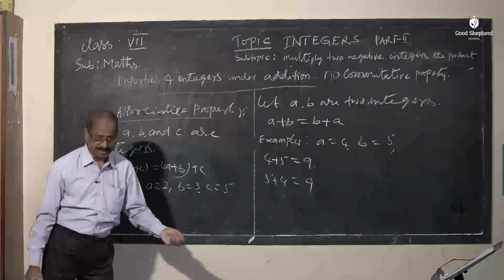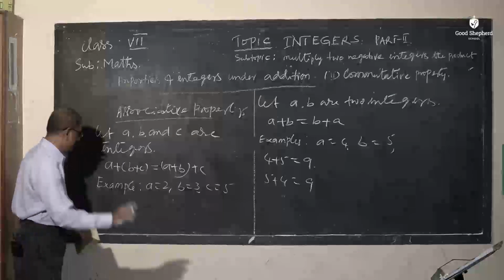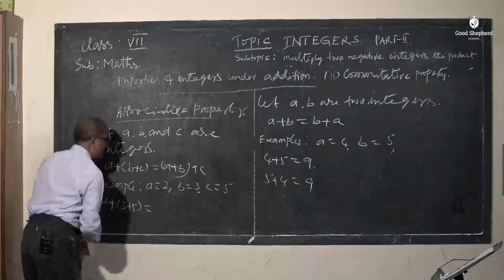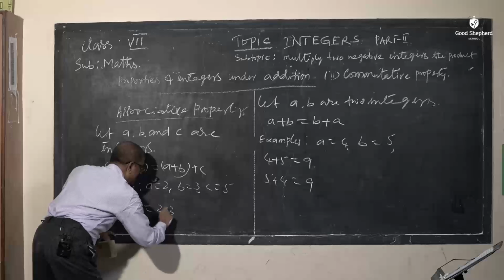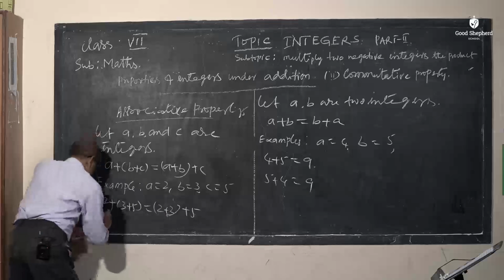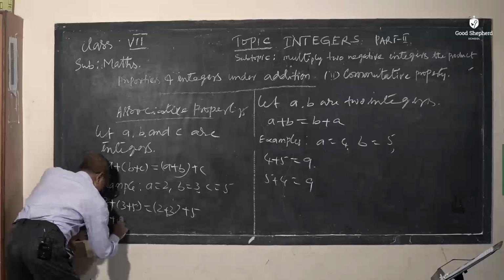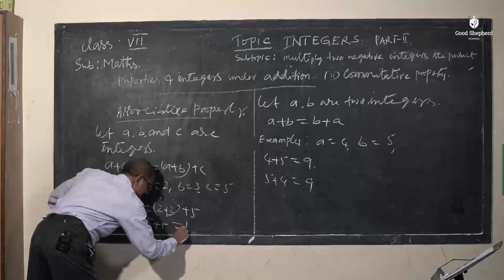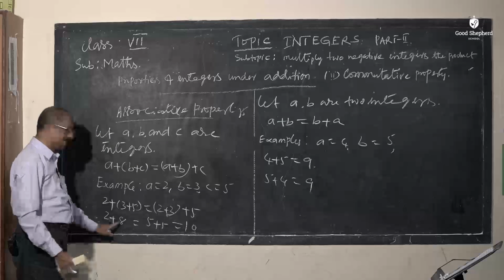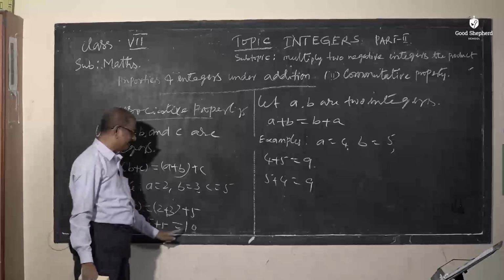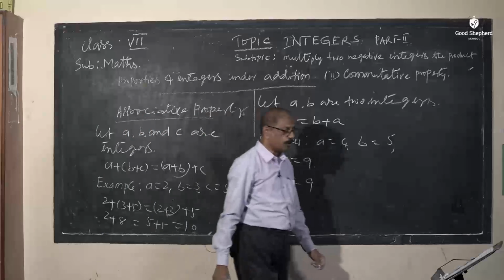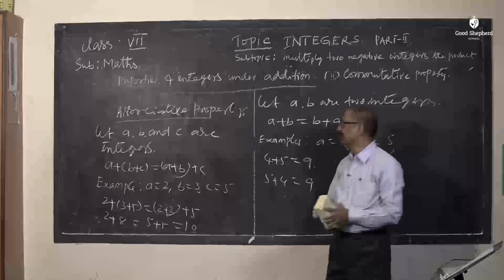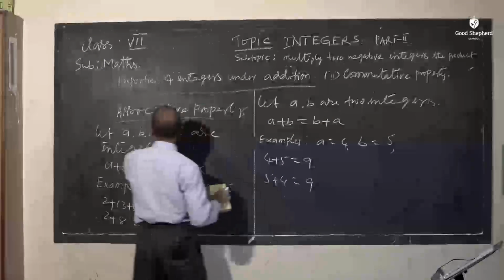Here we get 2 plus (3 plus 5), which is 2 plus 8, equal to (2 plus 3) plus 5, which is 5 plus 5. Both results are 10. So it holds good under the associative property. We have learned the associative property.